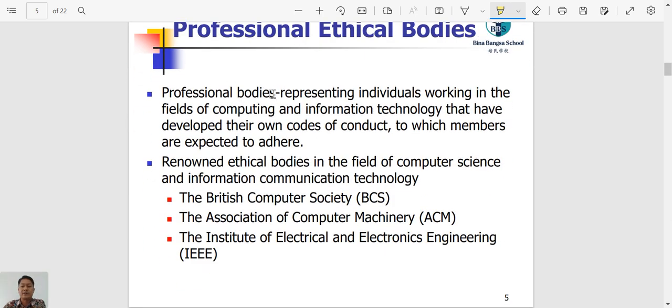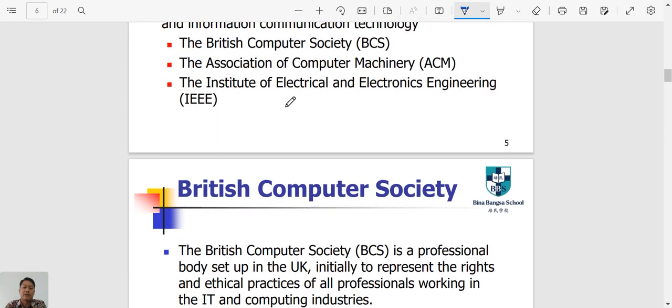Professional bodies representing individuals working in the fields of computing and information technology have developed their own codes of conduct to which members are expected to adhere. So if you belong to these prestigious information and communication technology or computer science bodies, you need to adhere to their standard.